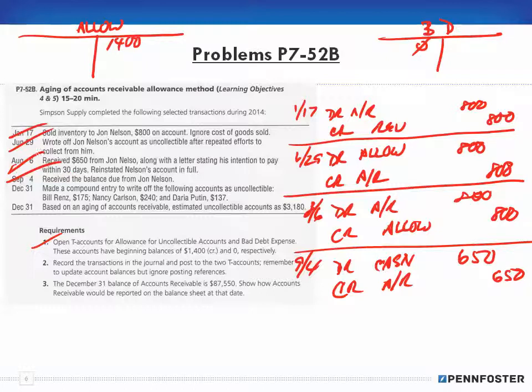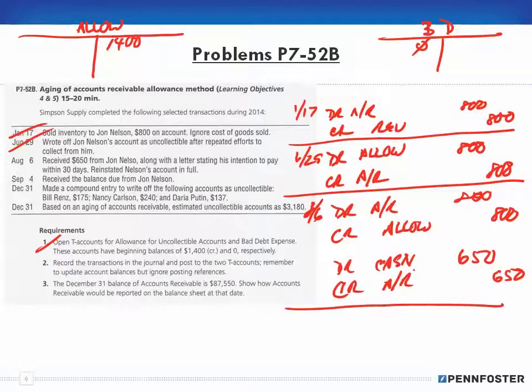Back up. I'm really getting myself messed up here. On August 6th, we're reinstating the account, and then we're receiving the $650 in cash.